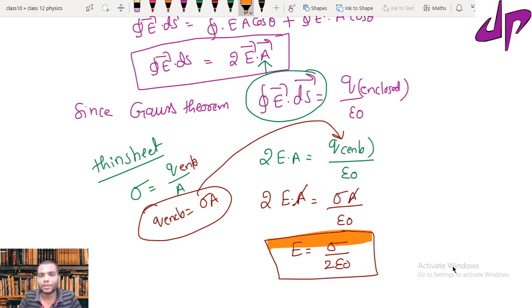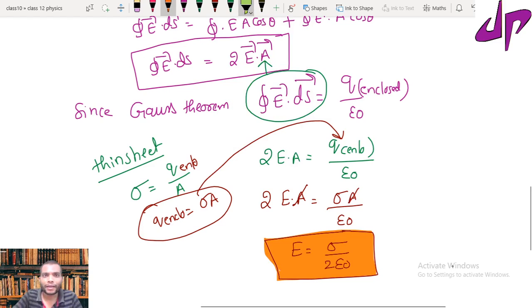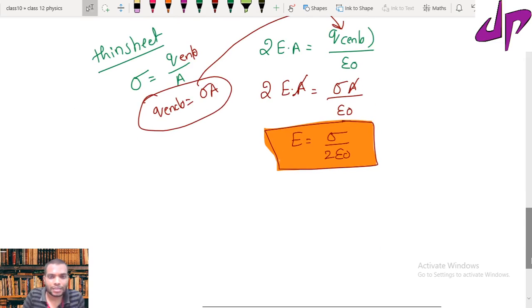The electric field due to a thin infinitely charged sheet, at a point, we can write as E equals sigma upon 2 epsilon naught. So that is my final expression.